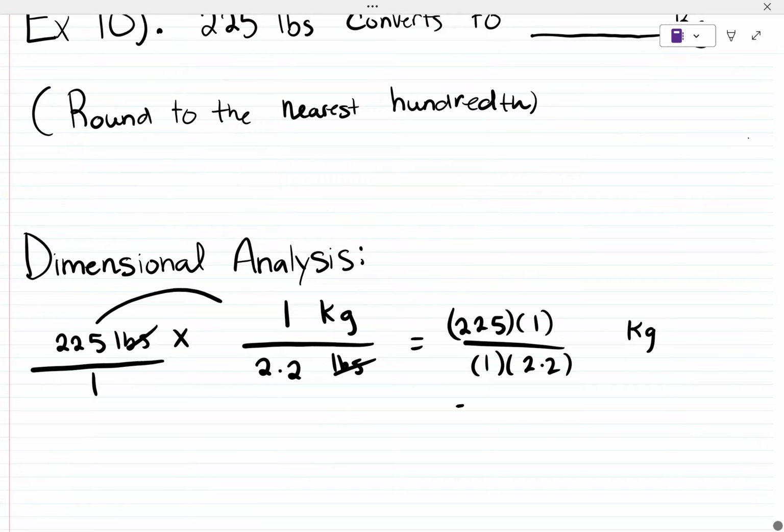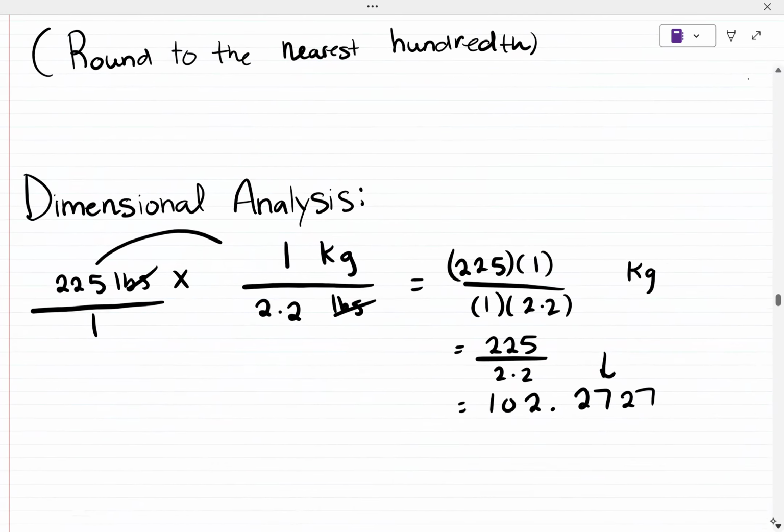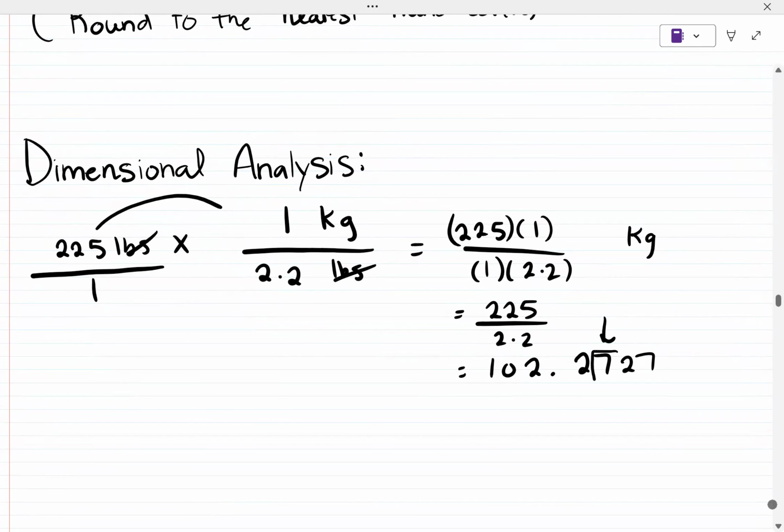Put it all together, you get 225 over 2.2, and you get 102.2727. Round to the nearest hundredths. So 7 is the hundredths place. You look at the neighbor. 2 is not 5 and beyond, right? So you just round it to 102.27.